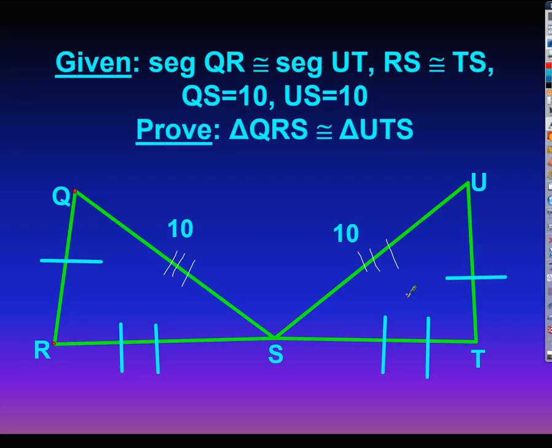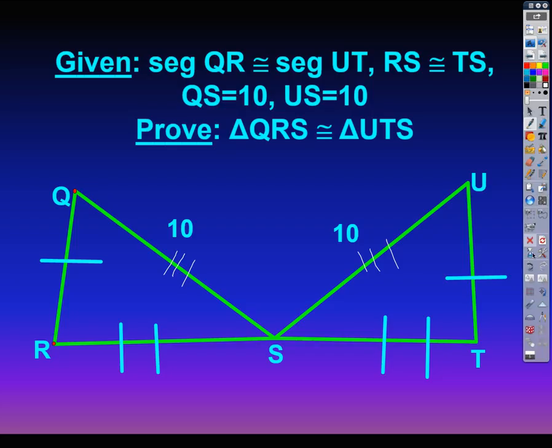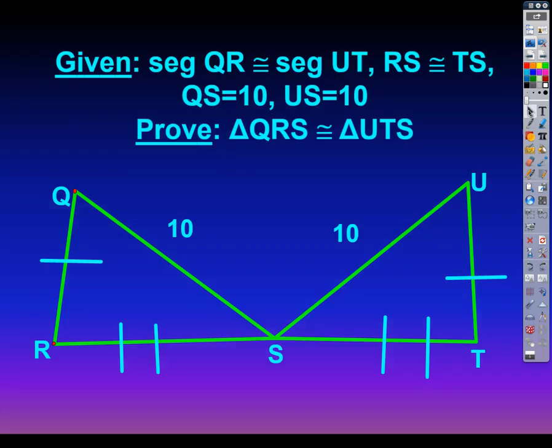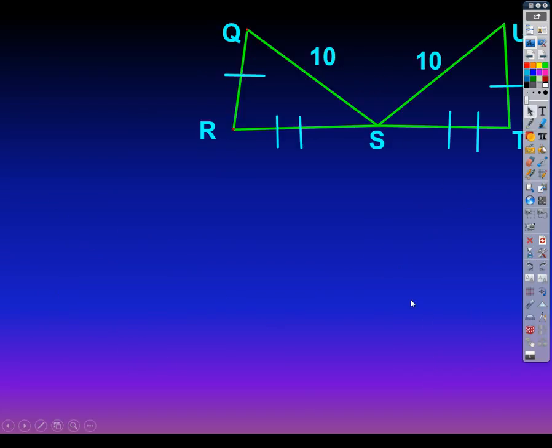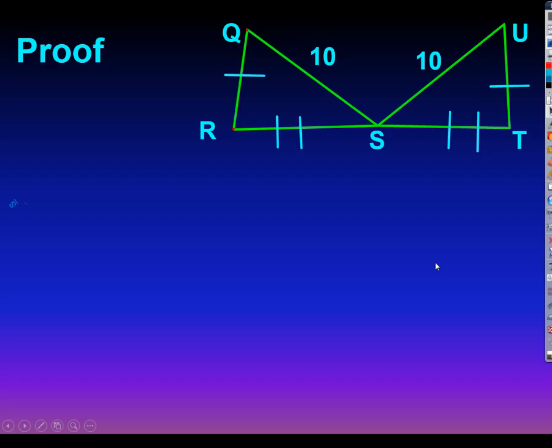Now I've got SSS, right? Look at the congruences in each triangle. S, S, S, congruent to SSS. So the triangles have to be congruent. Now if I wanted to, that's pretty simple. If I want to write that up as a proof, what would that look like? First thing I'd have to do is state what I am given here.